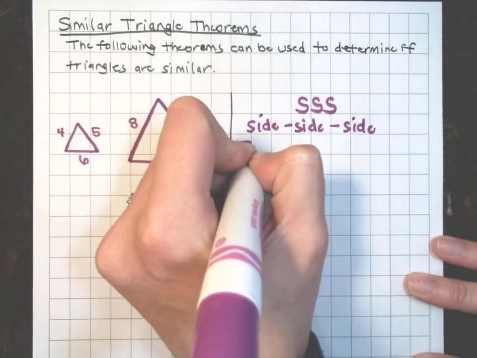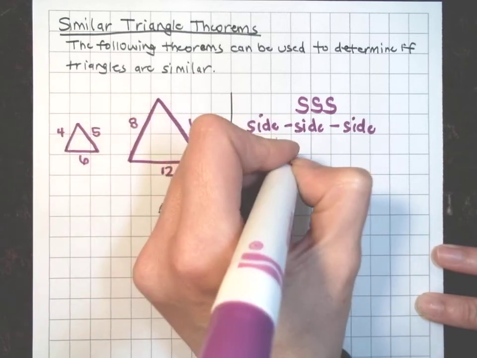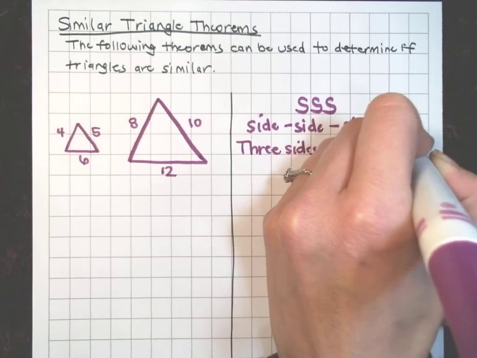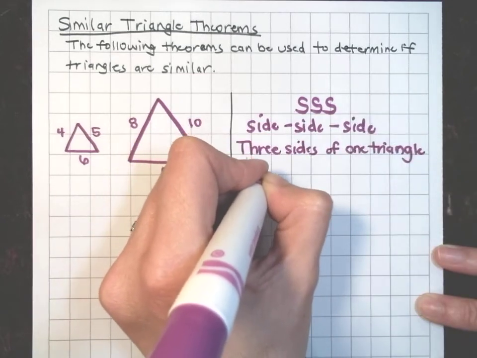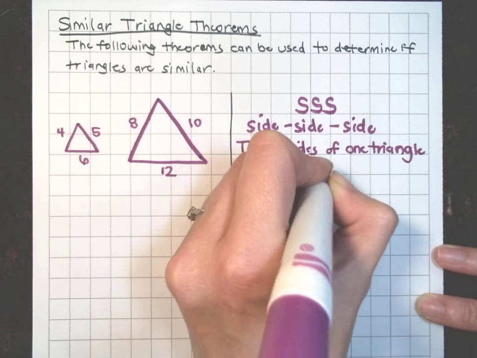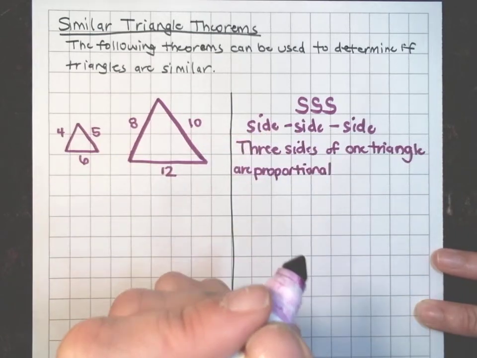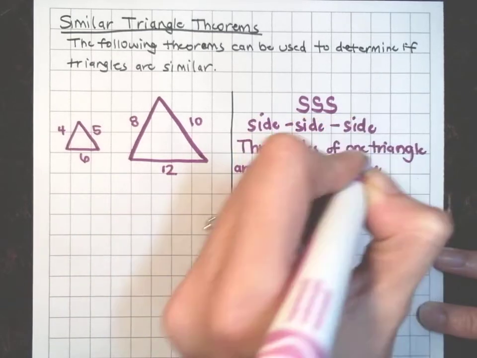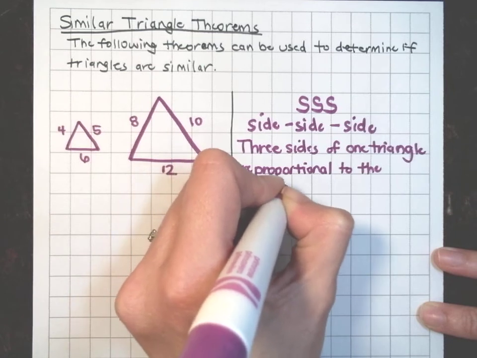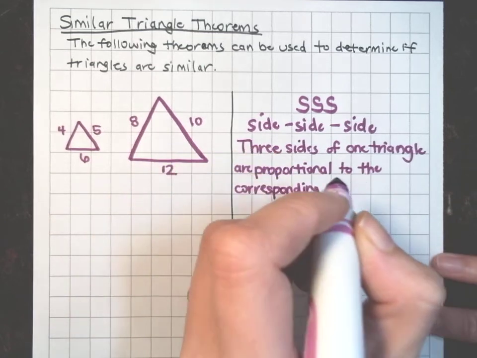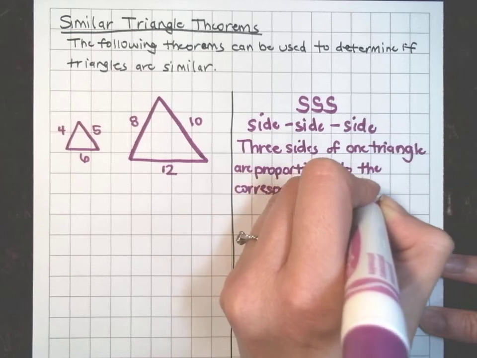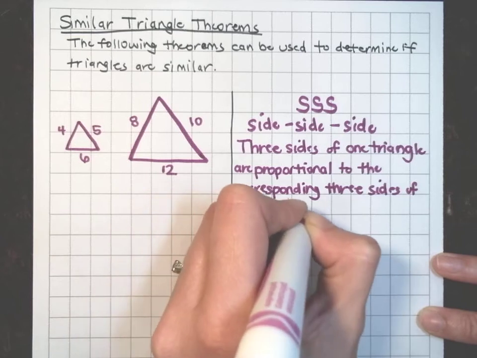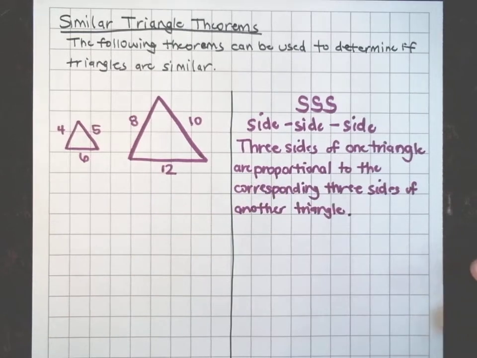So if three sides of one triangle are proportional to the corresponding three sides of another triangle, we know that they are similar.